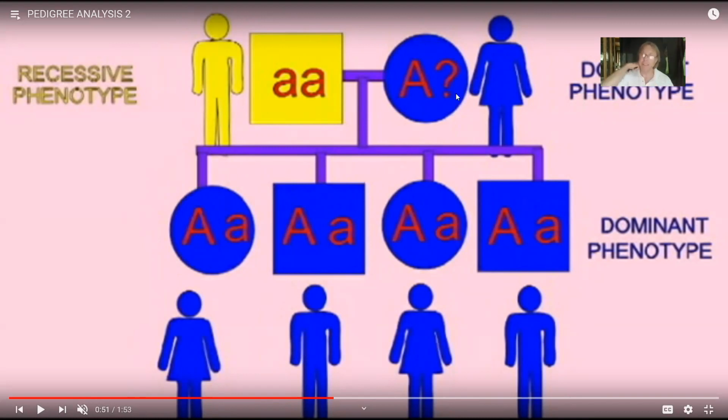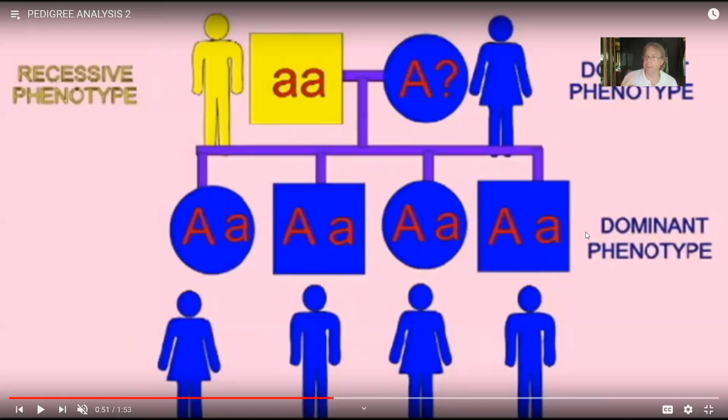This individual we still don't know, and so we would write big A question mark. Now, the more children that they have with a dominant phenotype, the more we have confidence that they are homozygous dominant. But for example, is it possible for a family to have, say, 4 daughters and then finally a son? Of course it is.